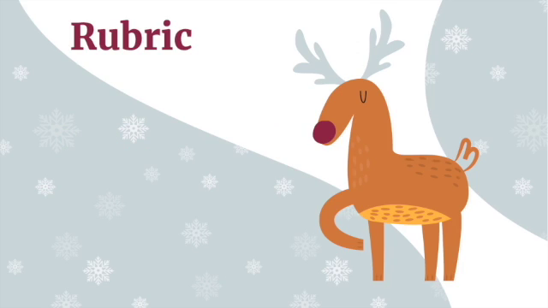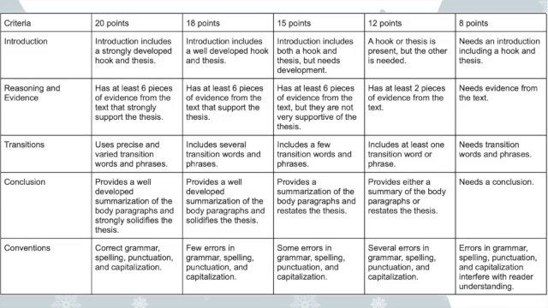The rubric. We discussed this yesterday, but I wanted to go over it again. The paper is out of 100 points. You should aim to meet all the criteria in the 20-point column that would get you the full 100 points.